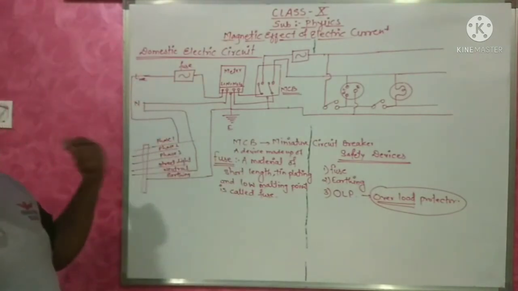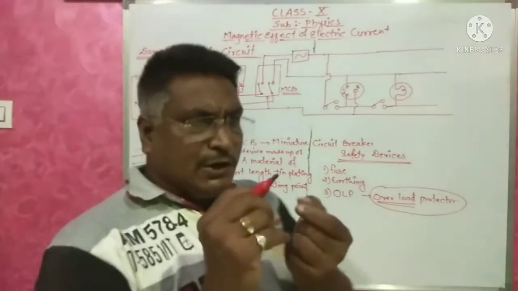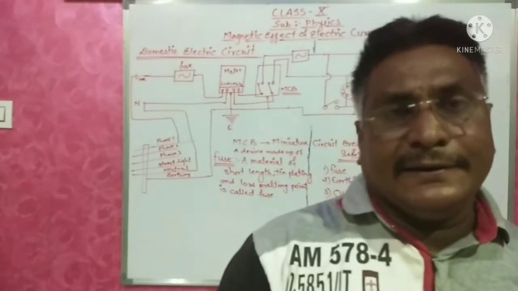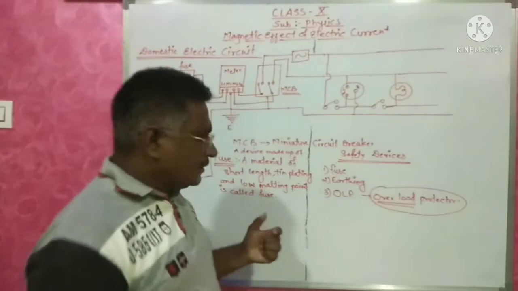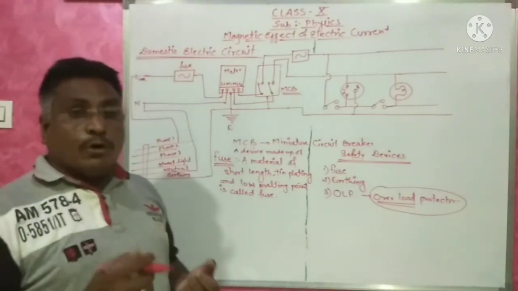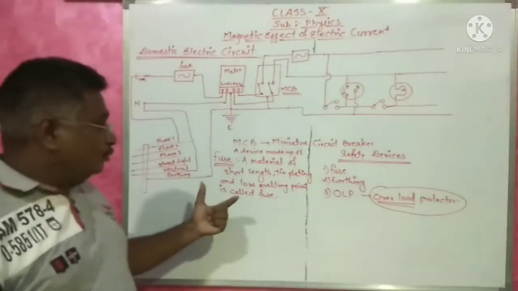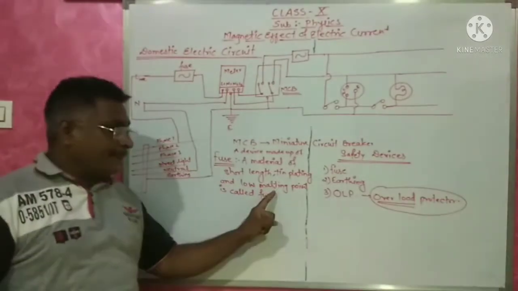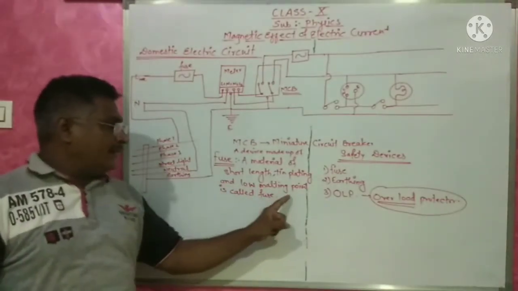So in our home we observe a fuse, a small conductor connected in it. Whenever extra load comes, meaning more current comes, what will happen? It will break because it has a low melting point.